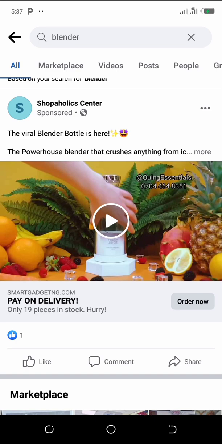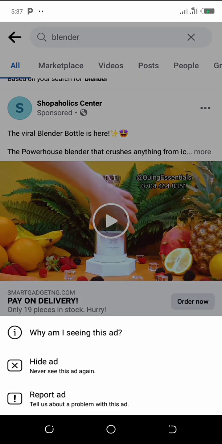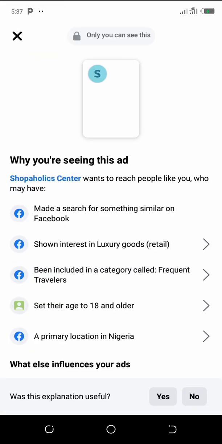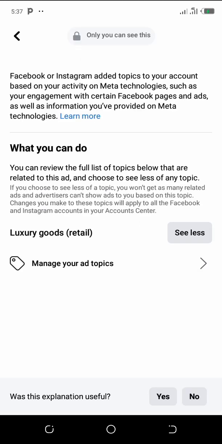So now let's click on the three dots. Let's see, why am I seeing this ad? Let's see if you are going to grab some keywords. Now you can see what Facebook wrote here: shown interest in luxury goods. Let's click on it. Yes, I've shown interest in luxury goods. That is how I'm seeing this, and this word is a keyword that this person used when running this ad. That is why it's coming up here.